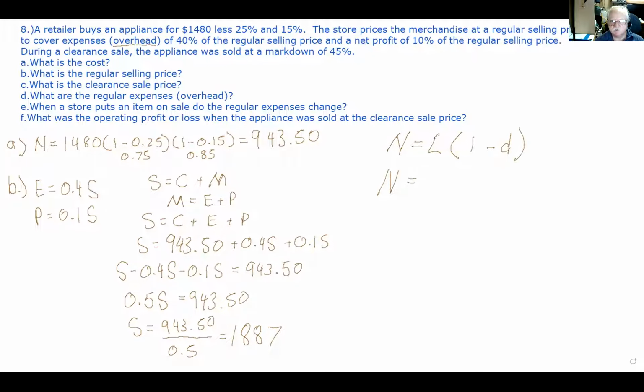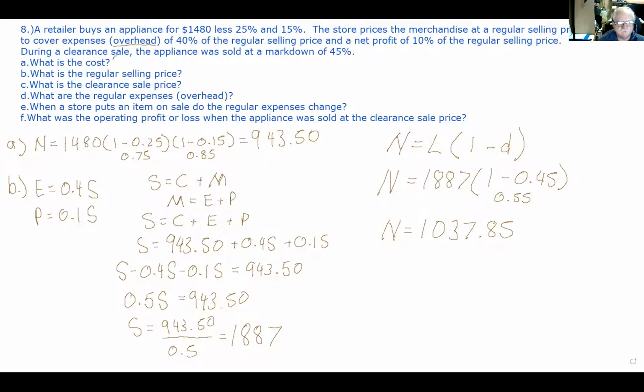We know the list price is 1887, and we know the markdown or discount is 45%, 0.45. So this is really 0.55. So 1887 times 0.55. So the clearance sale price should be 1037.85.